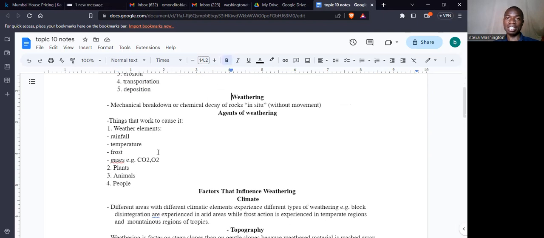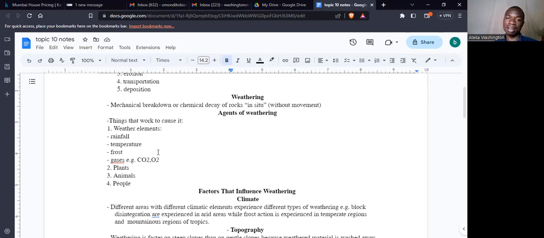My main focus will be only on weathering in this particular class, so that in the next class, we'll be looking at something different. When we talk of weathering, as I explained earlier, weathering is the mechanical or chemical breakdown of rocks in situ. When I say in situ, I mean without movement, or the rocks are not altered by an external force.